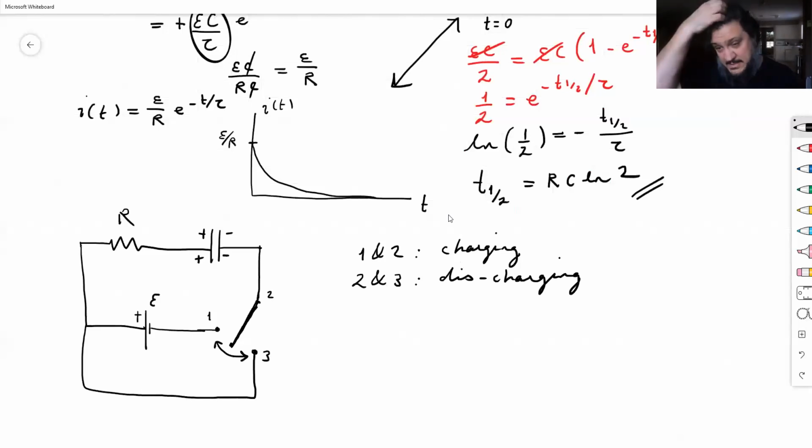Remember, we had a current that flew. We had a current which had a direction on the resistor, for instance, from left to right. It'll be different now. In the discharging picture, what I have is pretty much this: a resistor, a capacitor.